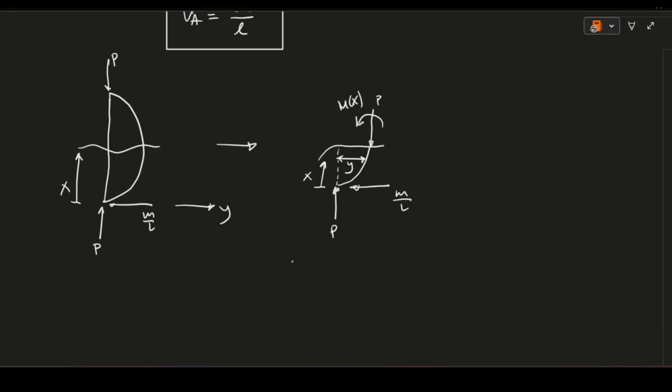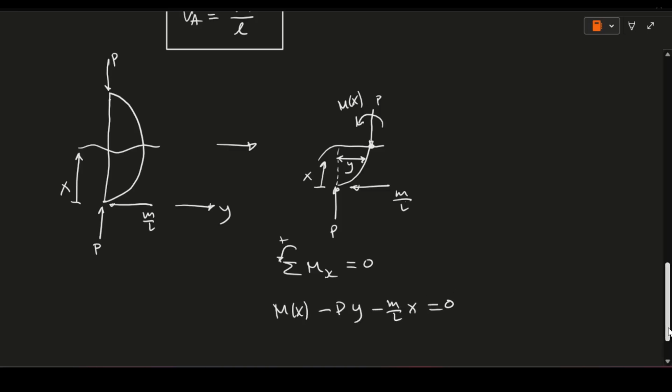Okay, so if we take the sum of the moments about this cut, it should be equal to 0, and we assume this is the positive. So we have M of x minus P times y minus M over L times x.